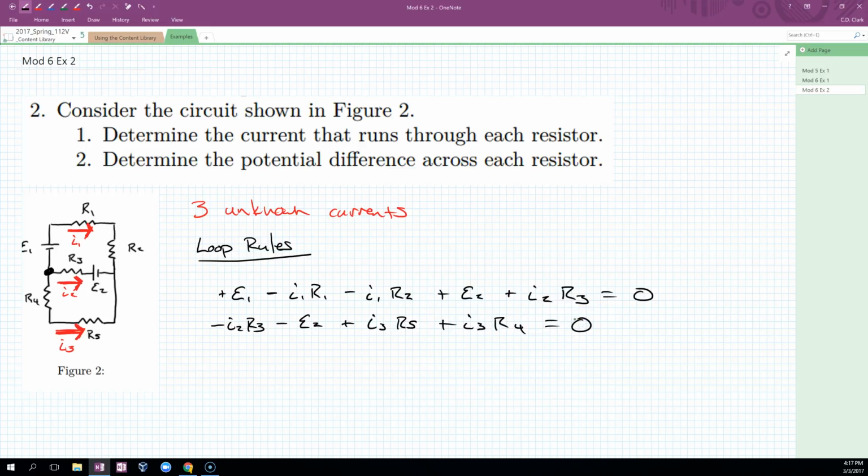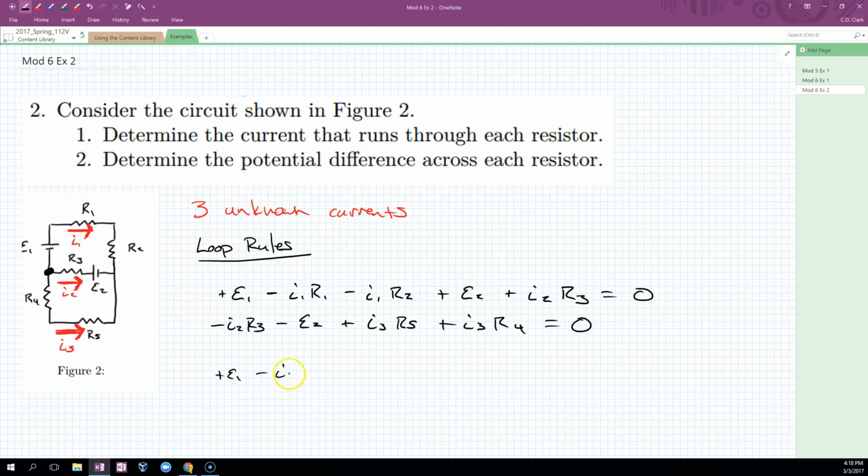All right, now let me take a little digression here. Let me just illustrate what linearly dependent equations are. So I have these two equations. Let's just look at what the equation I would get from the outside loop is. Let me start at the same position. So I'm going to start here, and I'm going to go around this loop clockwise. The first thing I would run into is EMF 1.